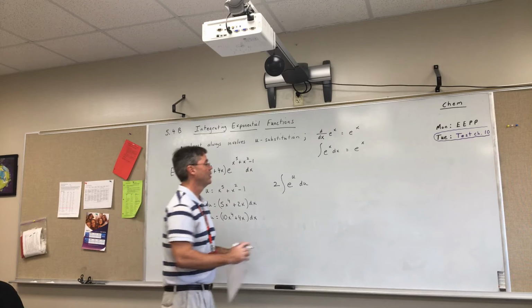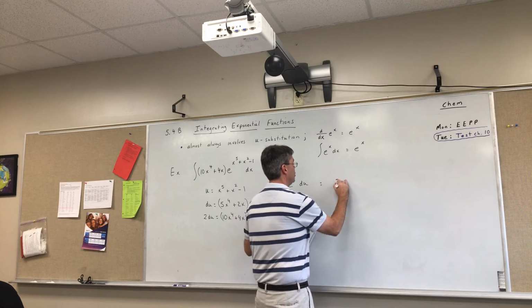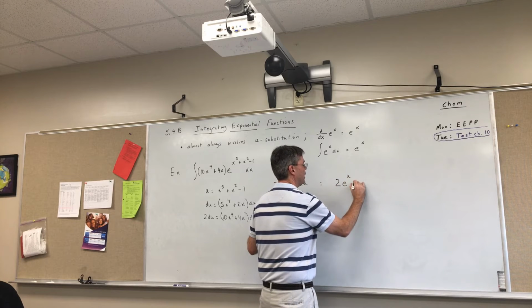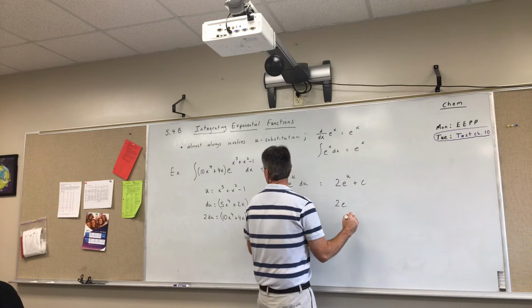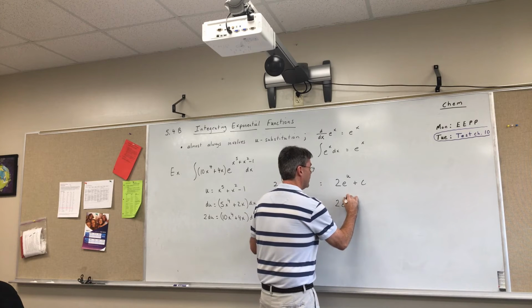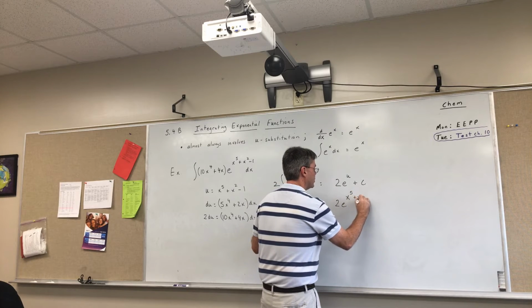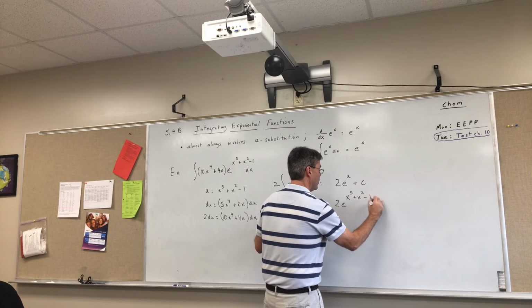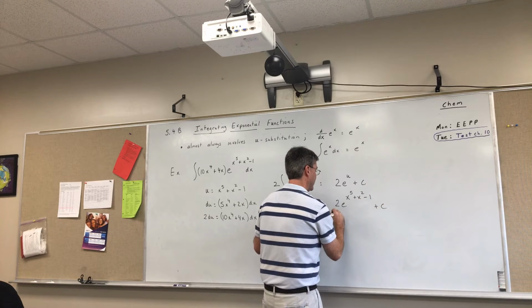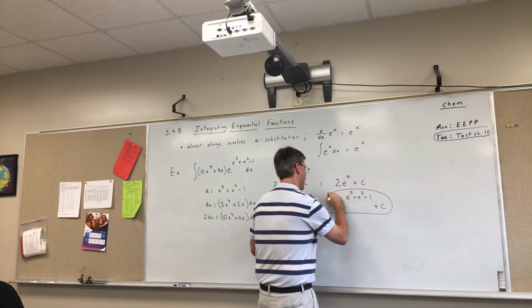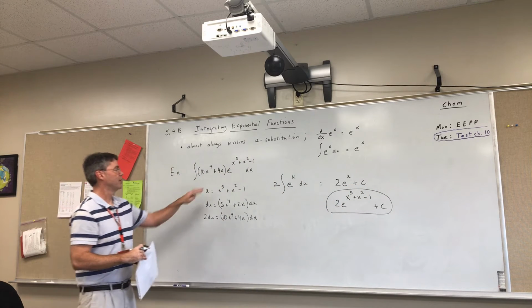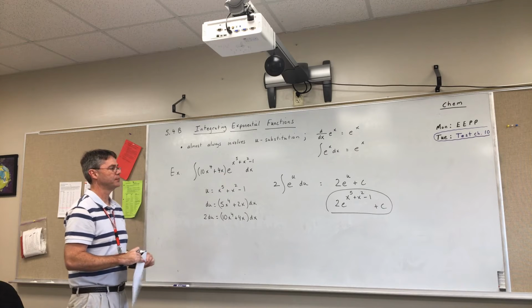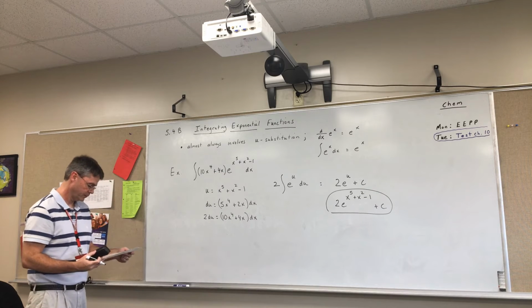So we would have 2 e to the u plus c. So that's going to be 2 e to the x to the 5th plus x squared minus 1 plus c. And if you take the derivative of that, you will end up right back here to check it.